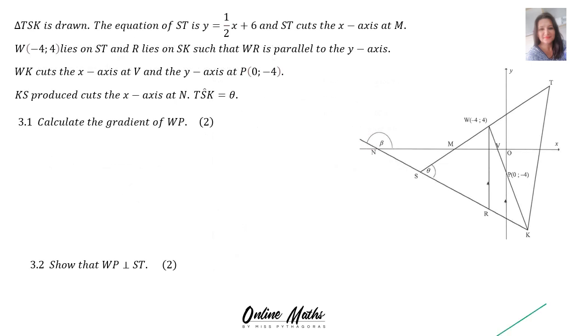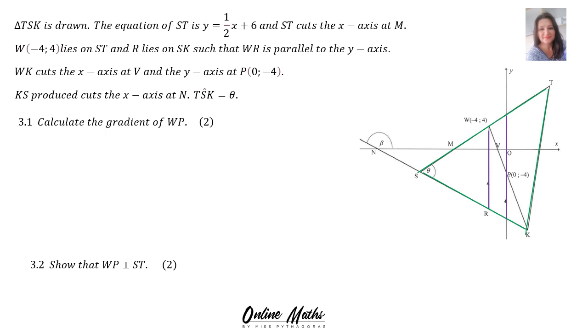Triangle TSK is drawn. The equation of ST is y equals half x plus 6, and ST cuts the x-axis at M. W(-4; 4) lies on ST and R lies on SK such that WR is parallel to the y-axis.